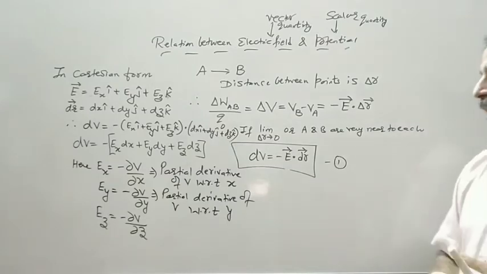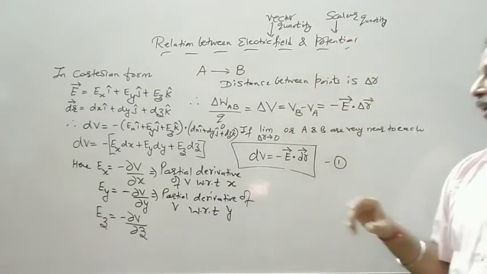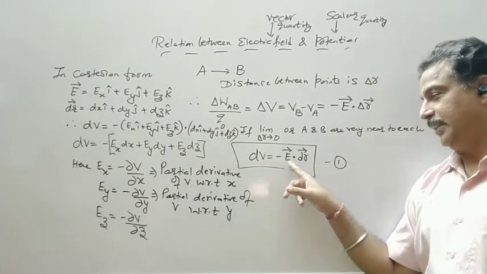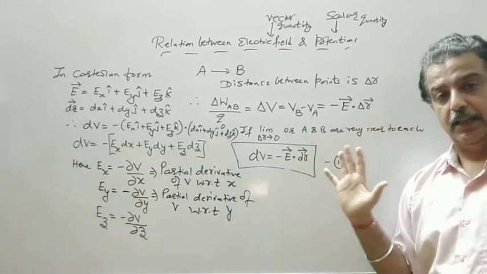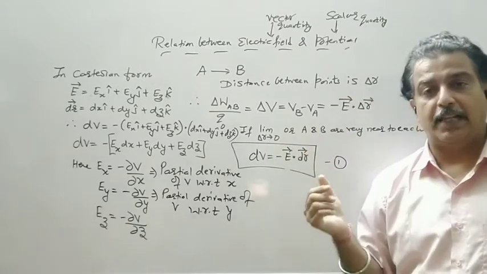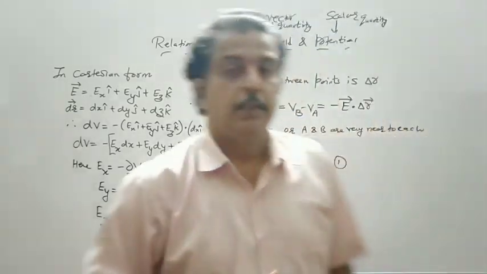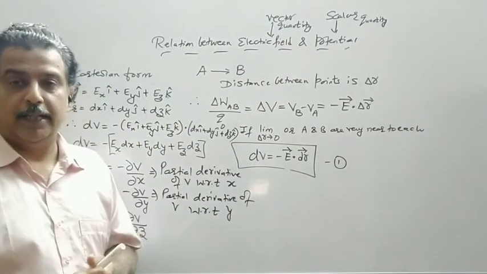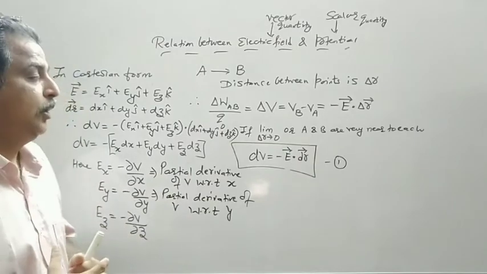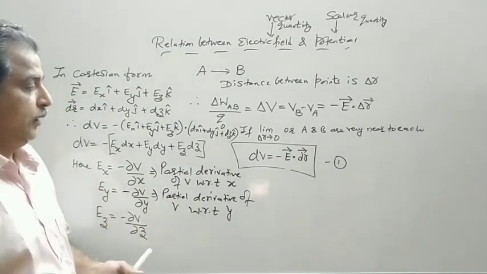So what is the general relation between the electric field and electric potential is dV is equal to minus E dot dr. And if I take a specific example of the previous lecture, the dot was removed because the theta was 0, the field was along the x-axis and you were moving along the x-axis only, or radially inward or radially outward.